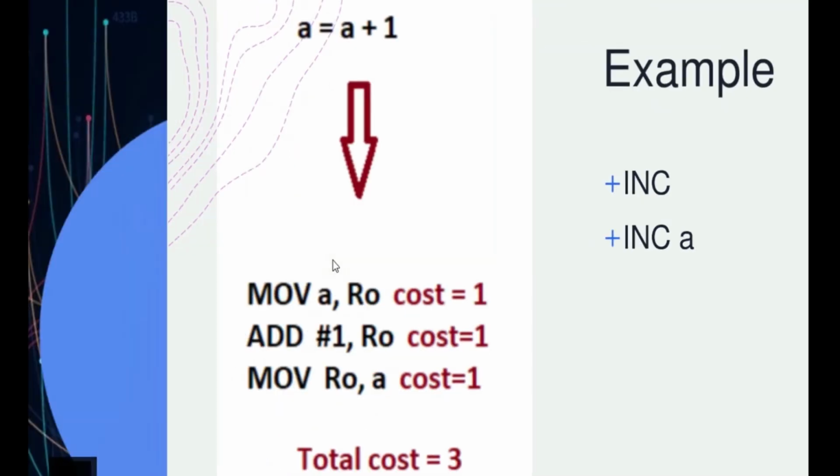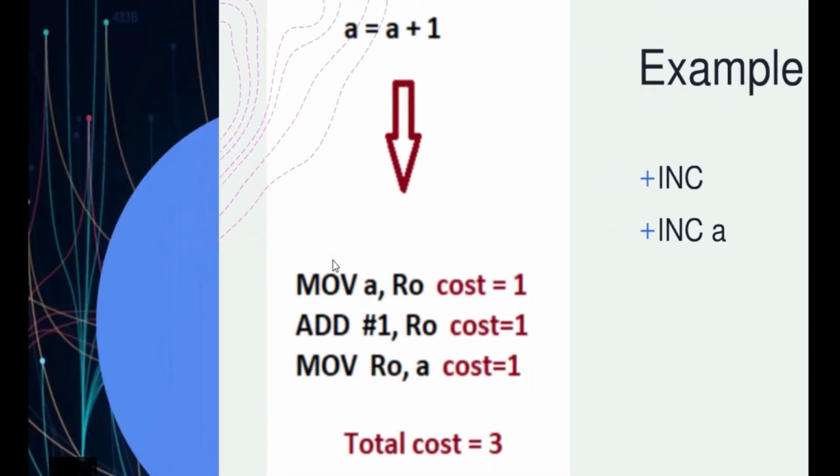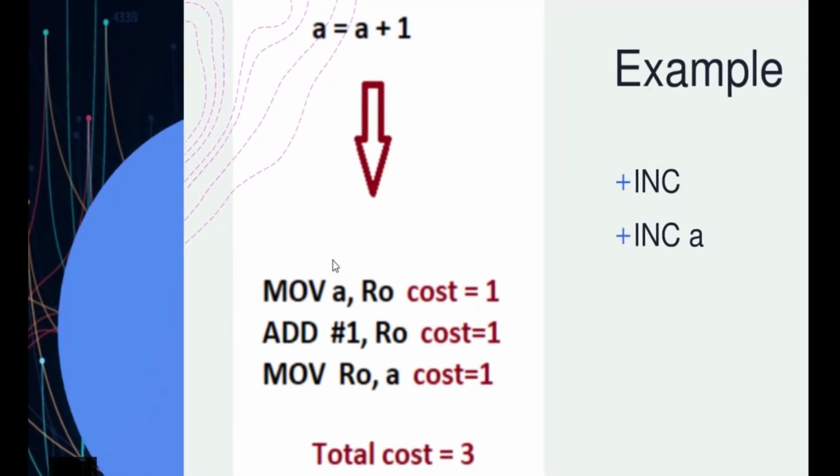INC a will provide a = a + 1. So using this INC instruction will execute efficiently, and also it will execute in a faster manner with low cost compared to the previous instruction set. So the selection of the instruction set also plays a vital role in the code generation process.